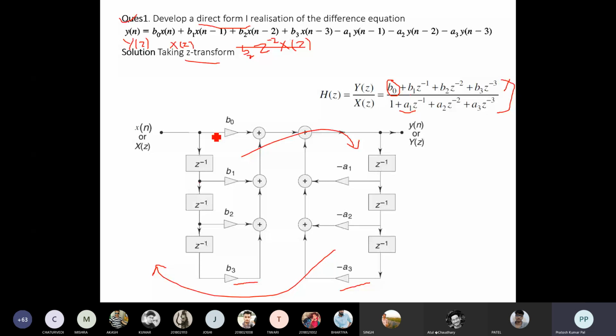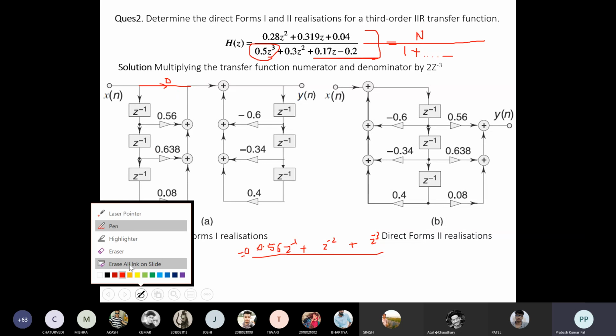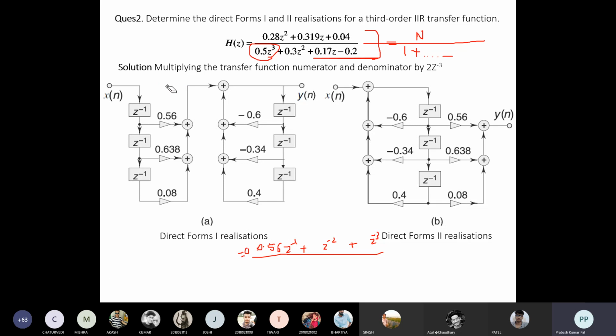In the example given here, the z to the power 0 term is 0, so this 0 will be multiplied here. 0 multiplication means there is nothing, so there will be no connection between these two nodes.